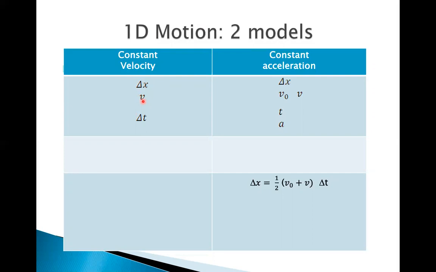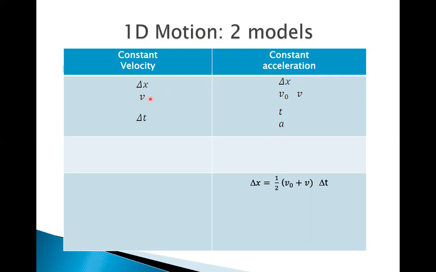If it's 25 miles per hour, it's 25 miles per hour for a period of time. On the right-hand side is motion with constant acceleration. The initial velocity is v0 and it accelerates uniformly until in the end it becomes v. What doesn't change is the acceleration. Acceleration remains a constant in this special type of motion.